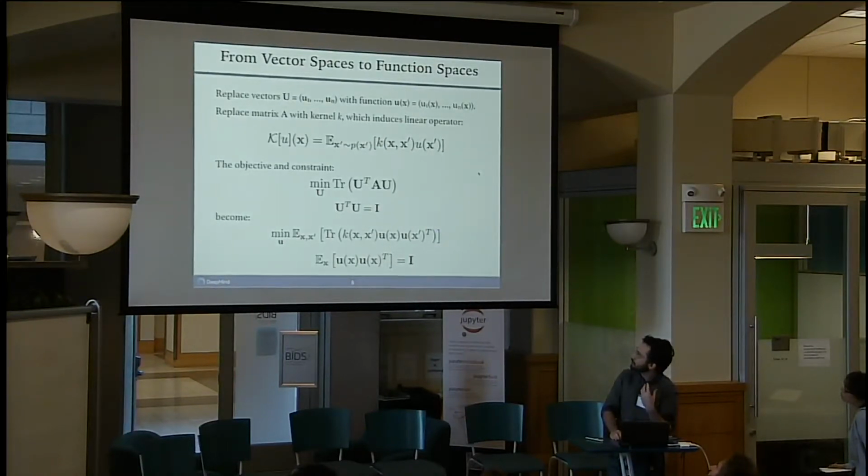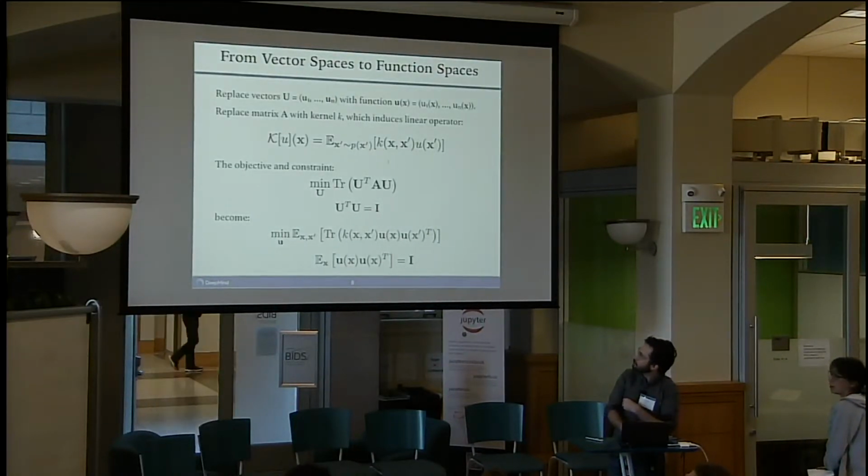We replace this matrix A with this choice of kernel, the kernel that defines your embedding algorithm, and by taking the expectation over your data distribution, this kernel induces this linear operator.